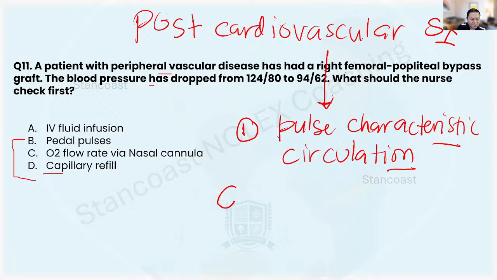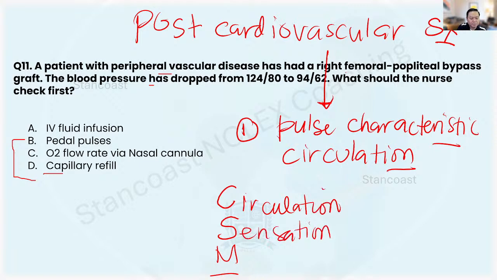okay, so what I usually do when I work in the surgical floor, I use the letters CSM, standing for circulation, S for sensation, and M for motor. This is very important. CSM, circulation, sensation, motor.